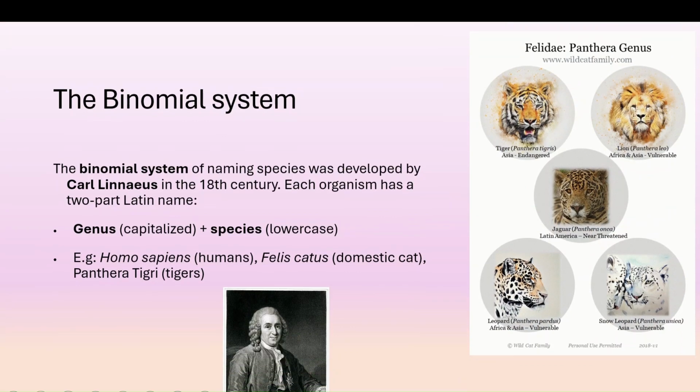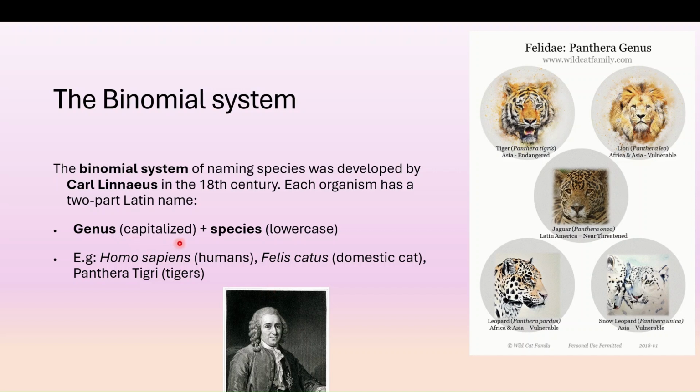So the binomial system. Scientists use a binomial naming system, which was invented by Carl Linnaeus in the 18th century, this guy, and he created it so that we can name organisms. Each organism will get a two-part Latin name. The first word is the genus, which is capitalized.